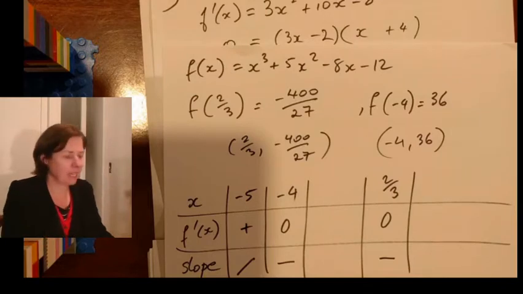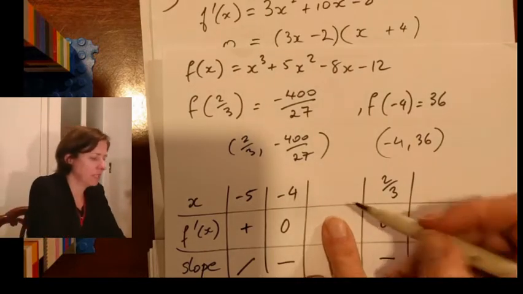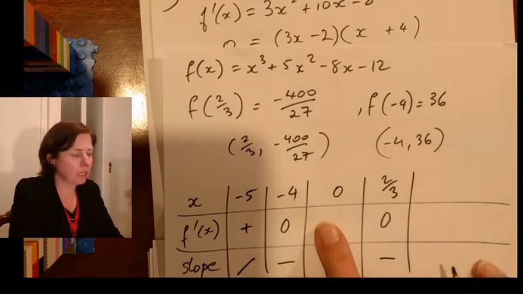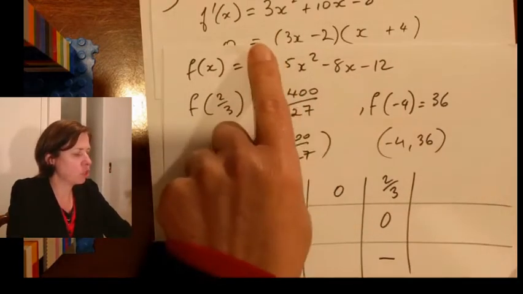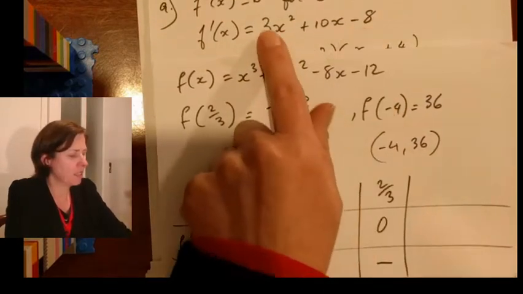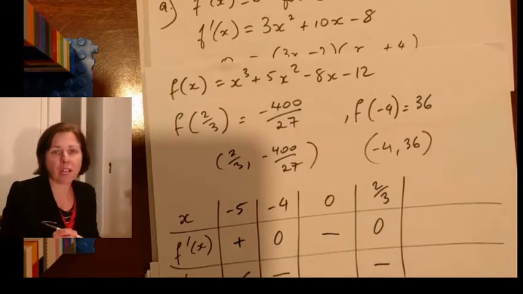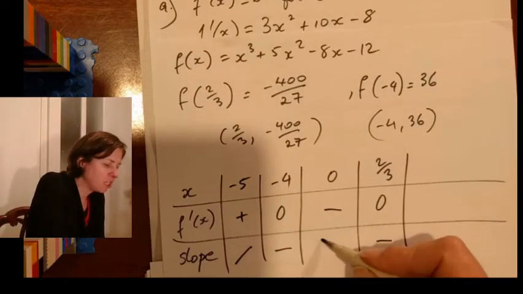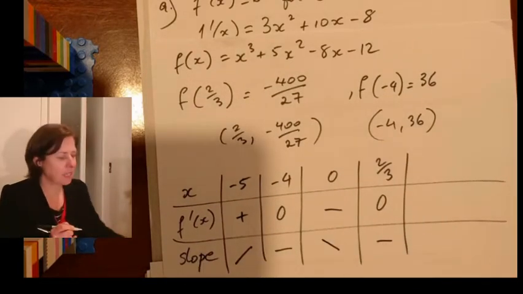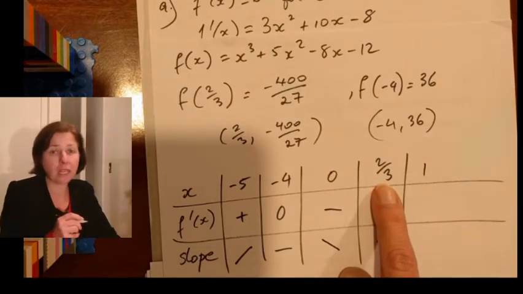All right. Picking a number in between these two, the easiest one to use is 0. And I'm going to substitute that back into this original equation. 0 plus 0 minus 8 is going to give me a negative value for my derivative here, which means my slope is going to look like that. Now, if I go to the right of 2/3, a nice easy number to use is 1.